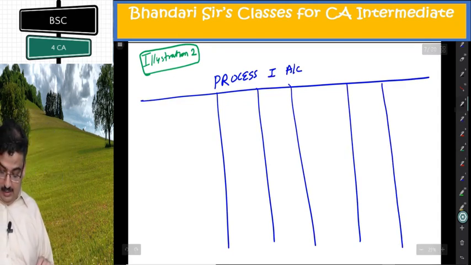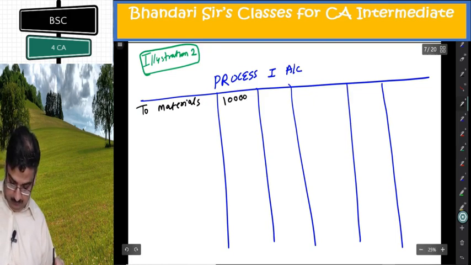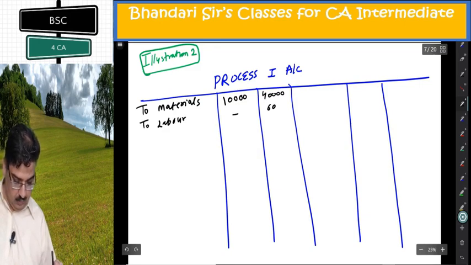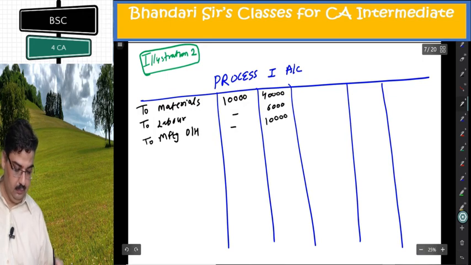So first process, to materials, they have introduced 10,000 units and the cost there is 40,000. To labor 6,000. Manufacturing overhead 10,000.